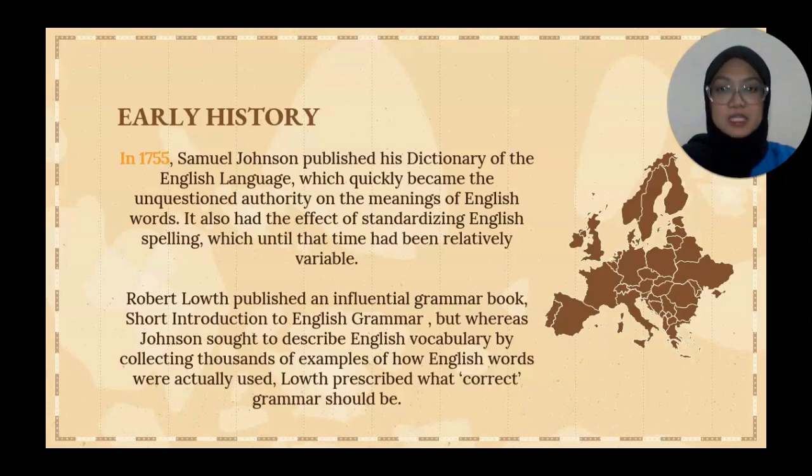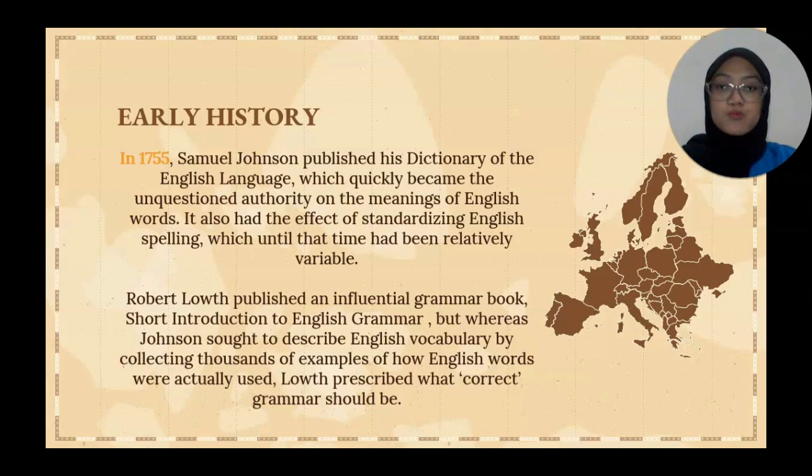In 1755, Samuel Johnson published his Dictionary of the English Language, which quickly became the unquestioned authority on the meanings of English words. It also had the effect of standardizing English spelling, which until that time had been relatively variable.